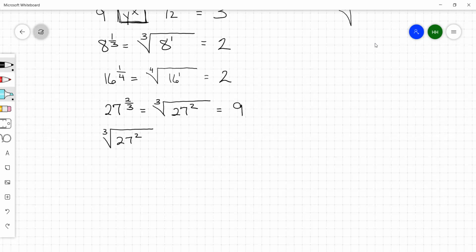So you need to understand that you can use this backwards as well. If you're asked to find the third root of 27 squared, understand that that just means 27 to the 2/3 power, which is equal to 9. So you can use this rule both directions.